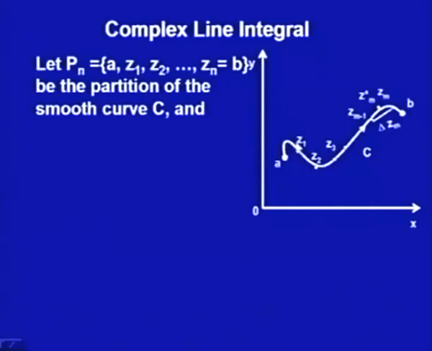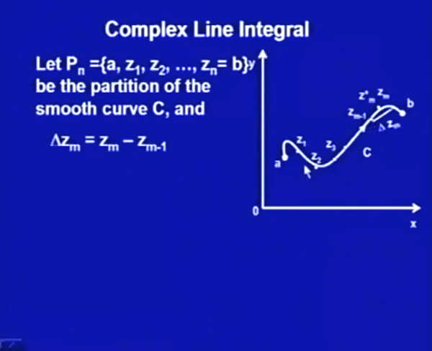So between A and Z1 I will take one arbitrary point, between Z1 and Z2 any arbitrary point, like that. Let us denote the difference between Zm and Z(m-1), the distance between these 2 points, by delta Zm. We know this distance would be given by this straight line.